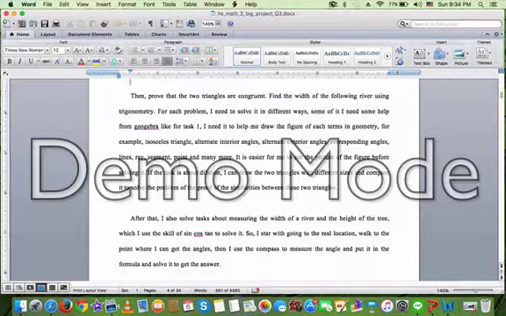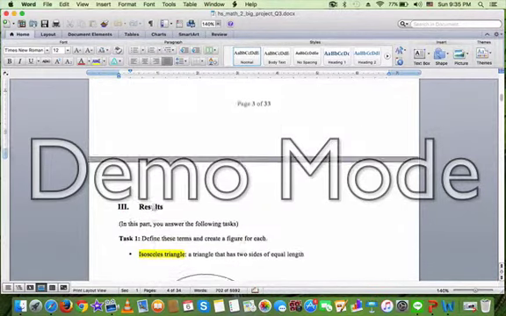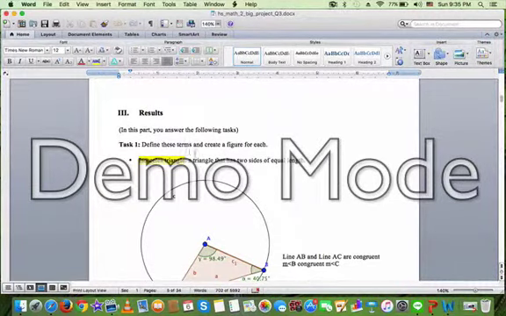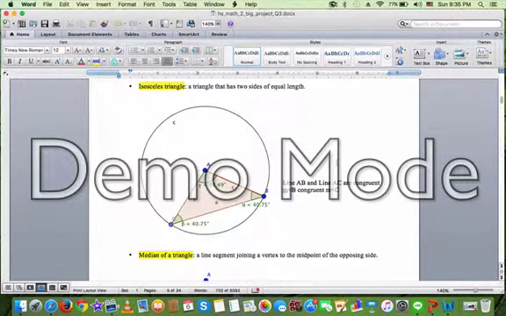There are many problems about geometry to define each term, solve the problems, and compare and identify the dilation or rotation of the triangles. The first task for the result part is to define these terms and create a figure for each.